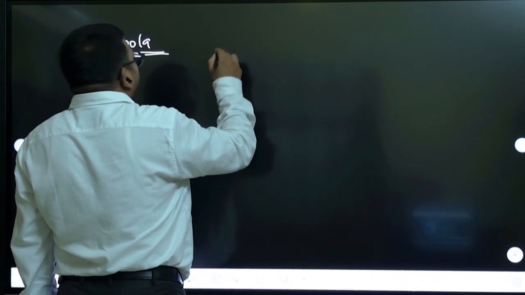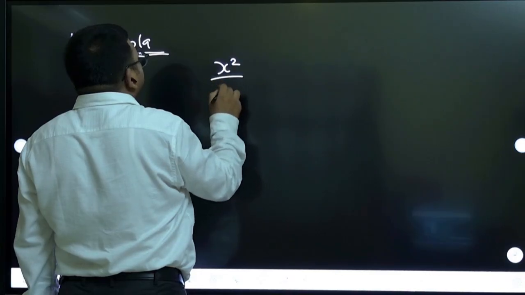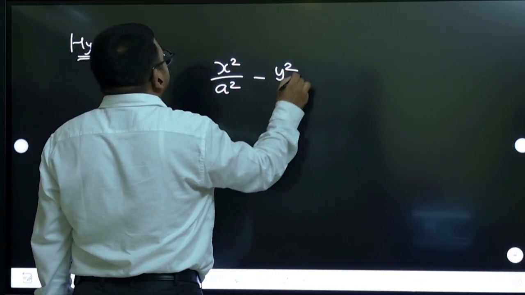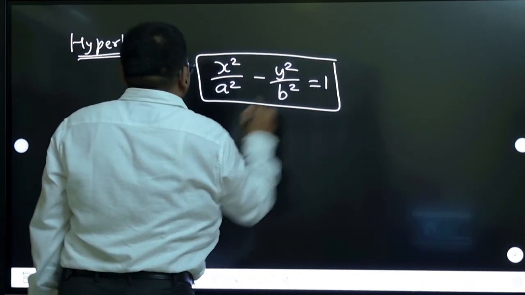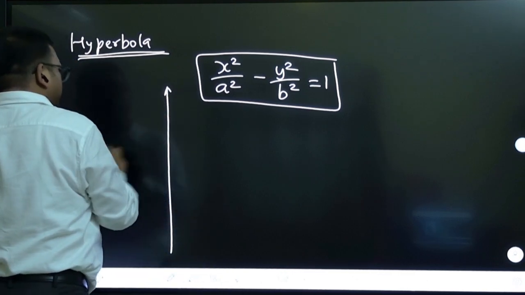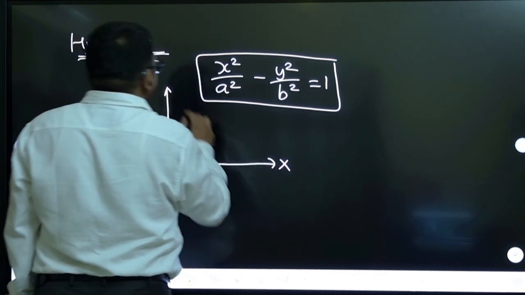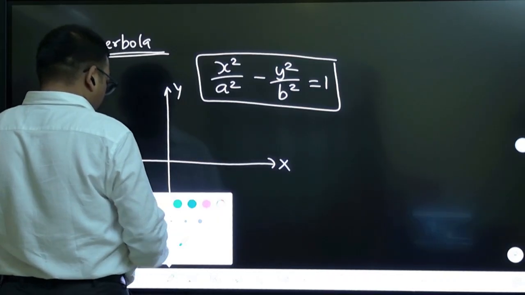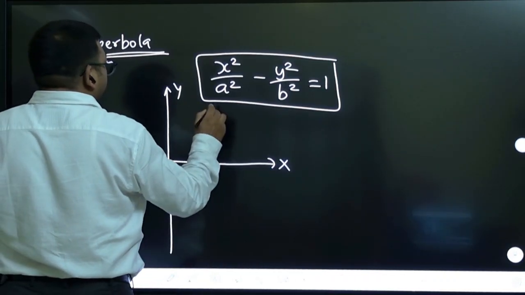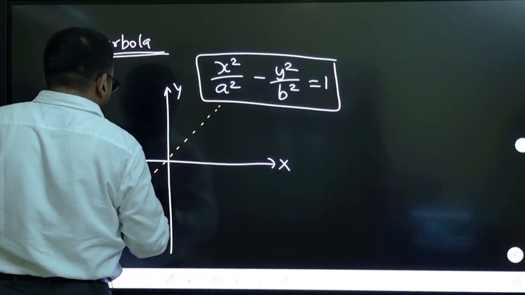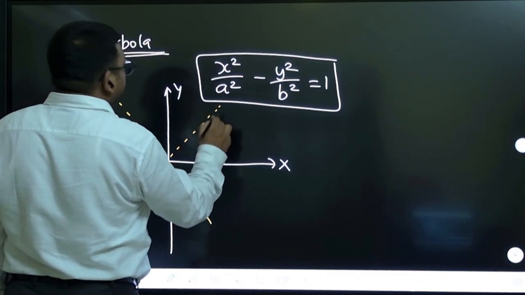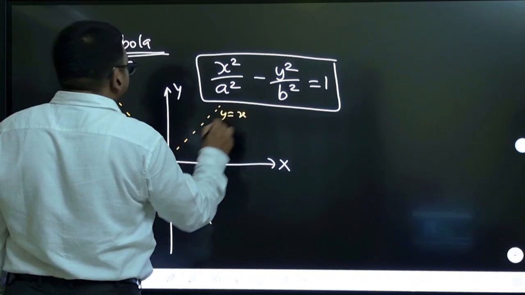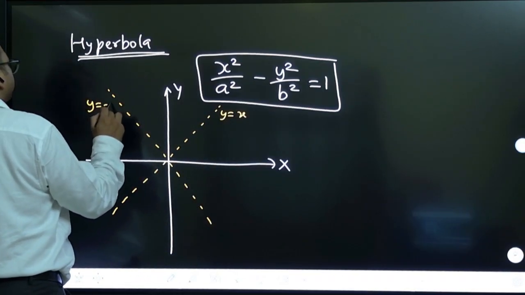Okay. So the hyperbola equation is x square by a square minus y square by b square is equal to 1. That's all. So the hyperbola will look like this way. This is the x-axis, this is the y-axis. First of all, this is a symmetric graph. These are called asymptotes. This equation is y equal to plus x, and this equation is y equal to minus x.